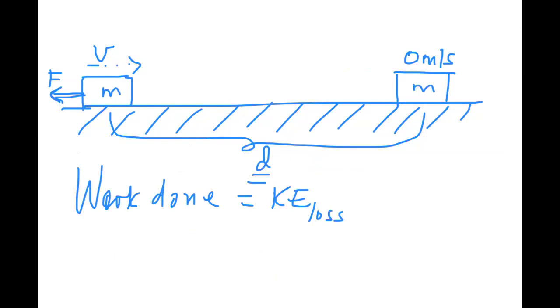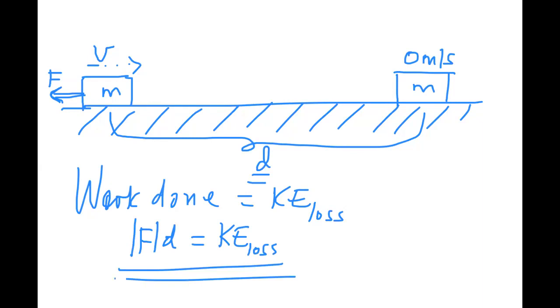So if I multiply the force times distance, taking the magnitude of the force, I don't want the direction, just the magnitude, then the magnitude of the force times distance will give me the kinetic energy lost. All right, so this will be my work, and the amount of work done by the frictional force must be equal to the loss in kinetic energy.